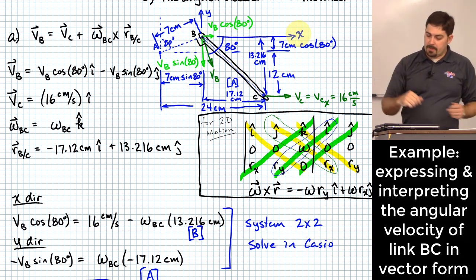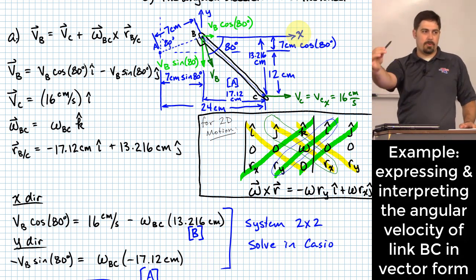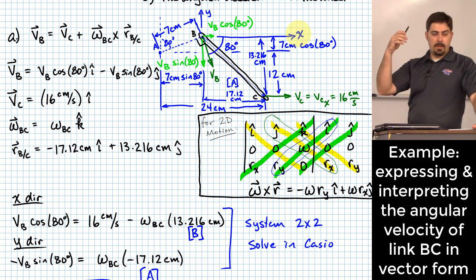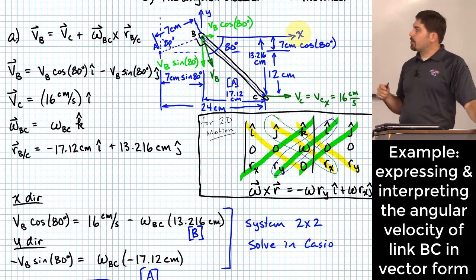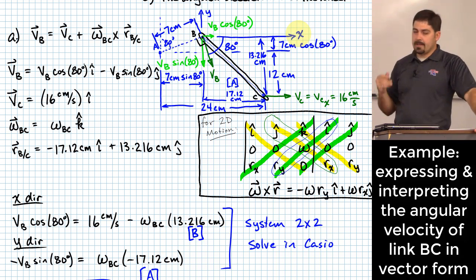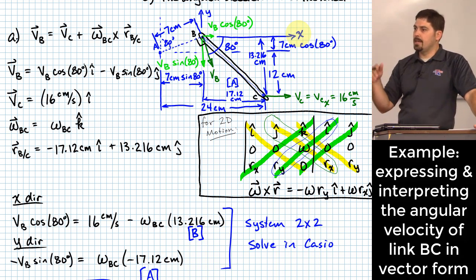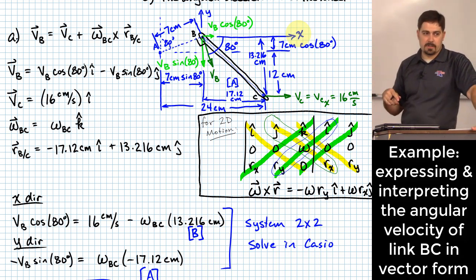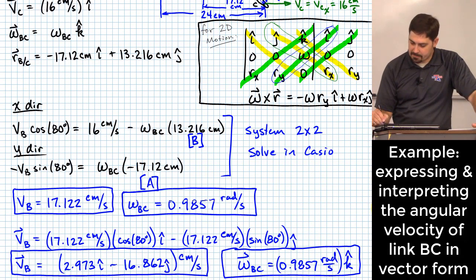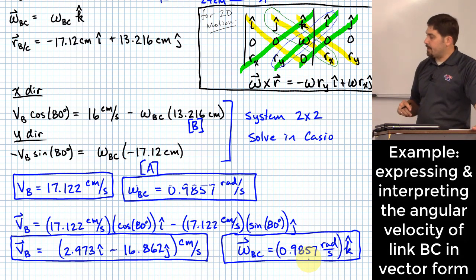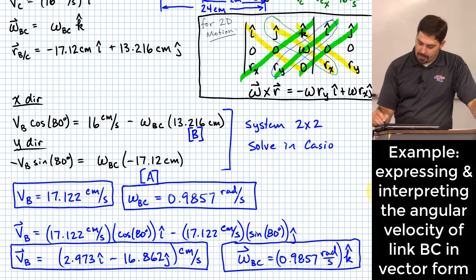So that would be the positive Z direction, pointing out of the page toward you, not into the page. So what that means is a counterclockwise rotation is represented by a positive K. Something that's positive with that K notation is a counterclockwise rotation in an XY plane. So physically that's how you interpret this positive value: the angular velocity of link BC is going to be counterclockwise.